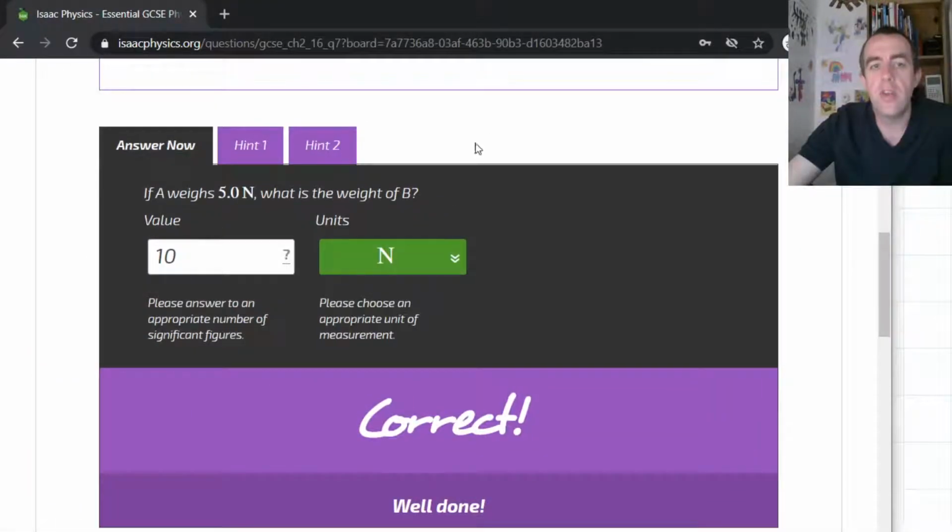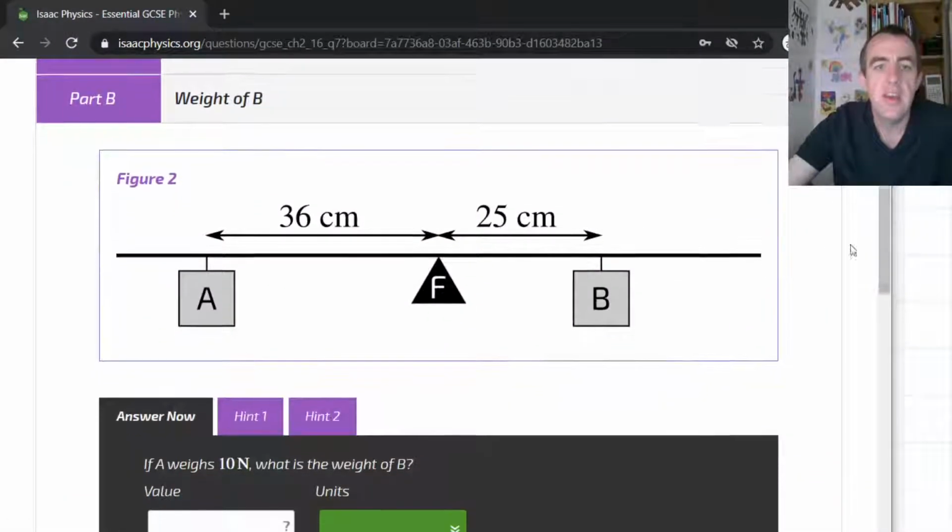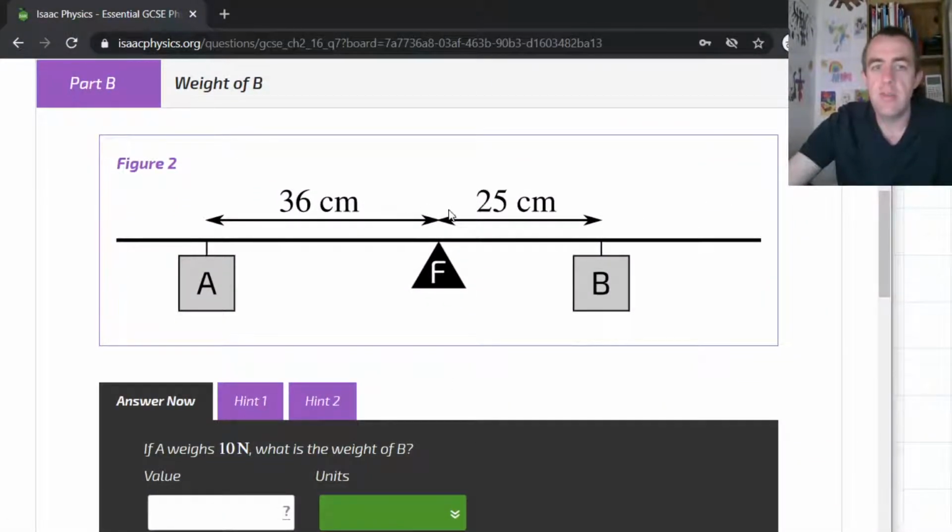And then it goes on. And the question carries on with similar sorts of parts to it. Let's just shrink that. Some different things here. And this time you can use the ratio. So you can say A is 10 newtons. We know B is going to weigh more than 10 newtons, but how much more?